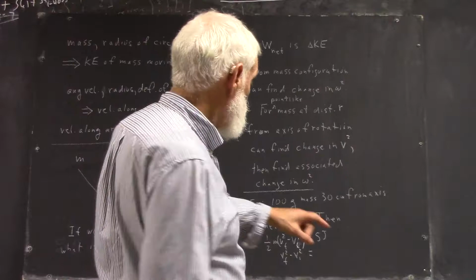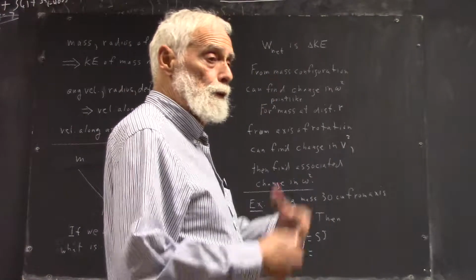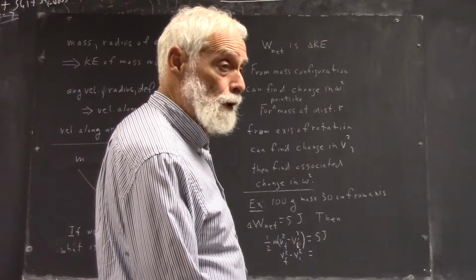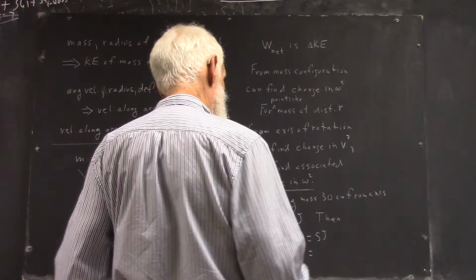Okay. 0.05 kilograms into 5 joules is 100. Right. It's going to be meters squared per second squared, so we get 100.